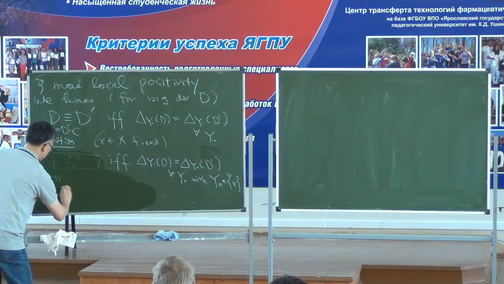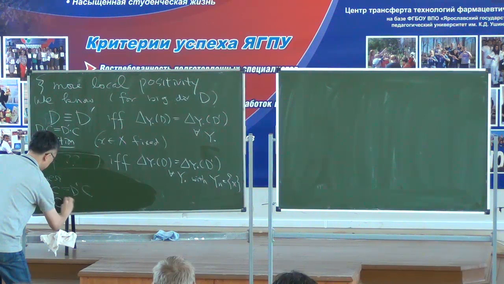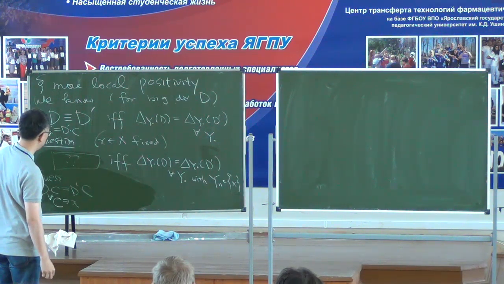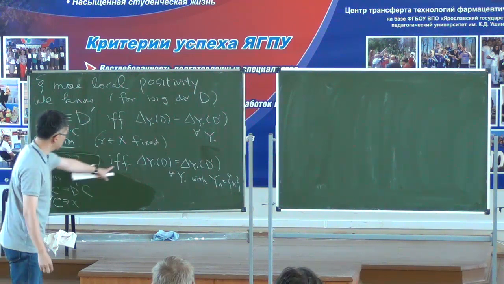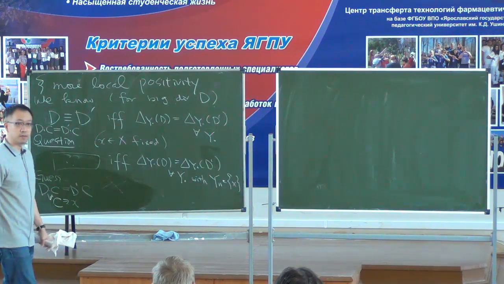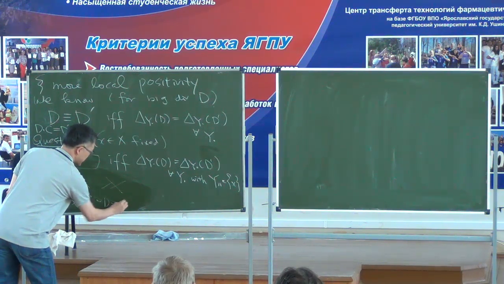D, C, D prime C for any curve C which goes through X. So the second is wrong. Second if. This is, yes, this is wrong, because this is the same thing as this.